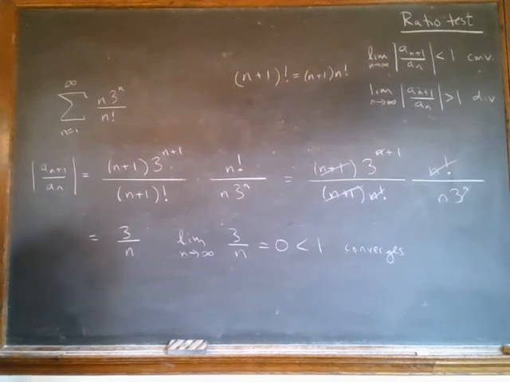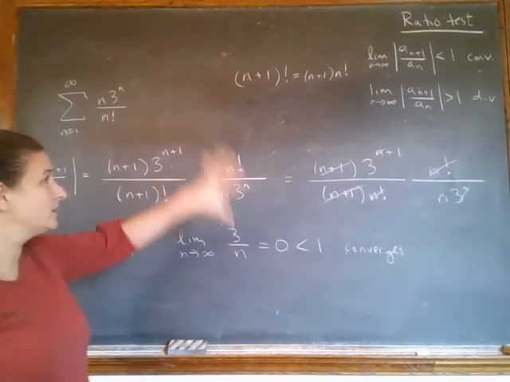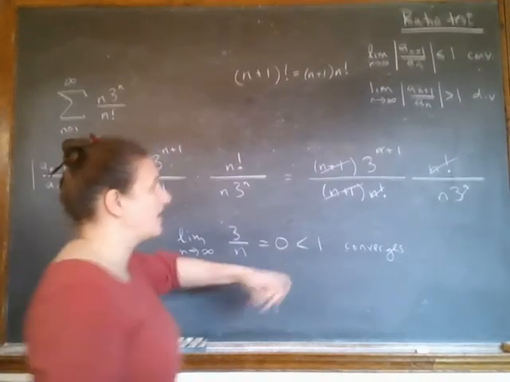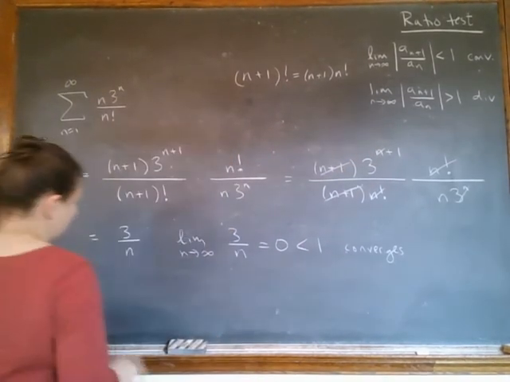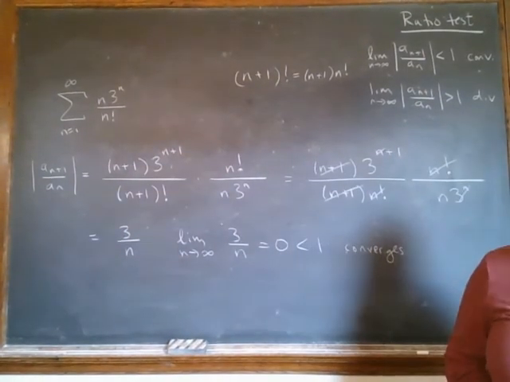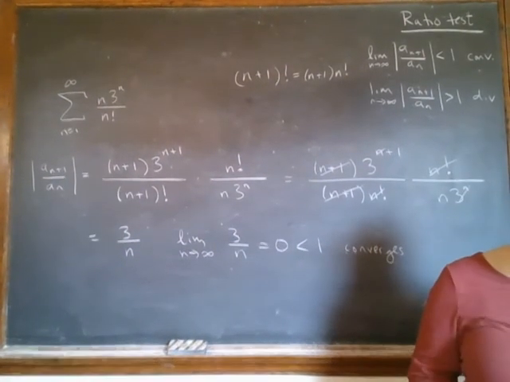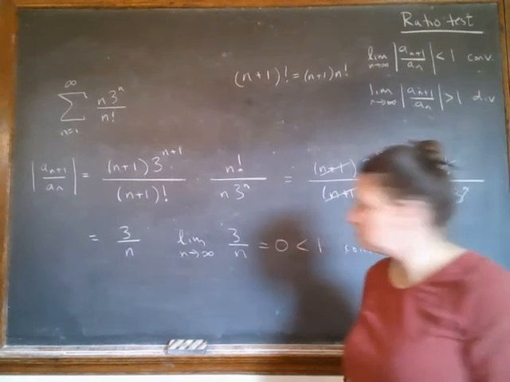Oh, by the way, you do have to be careful with this kind of thing. We'll talk about that more in the next section. But for ratio test, of course, 0 is just fine. For ratio test, 1 is the number which makes the test go bad, or doesn't give you enough.